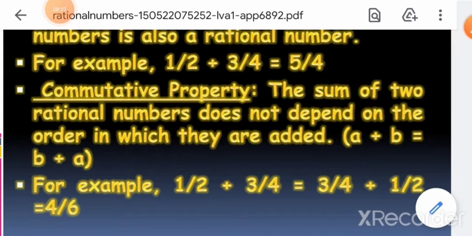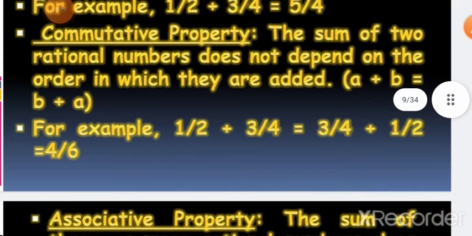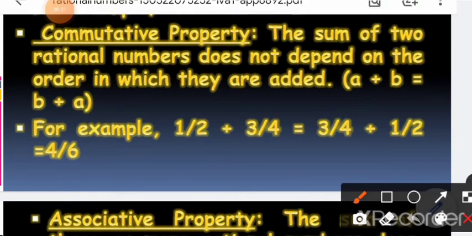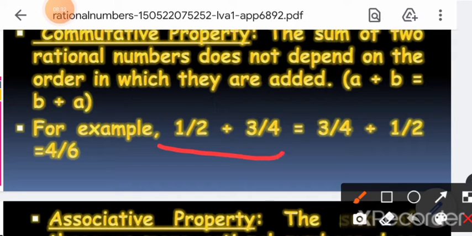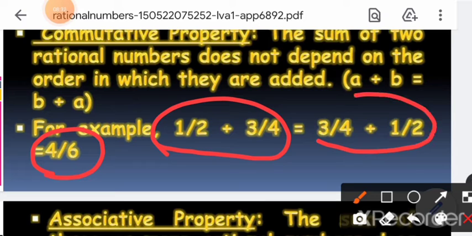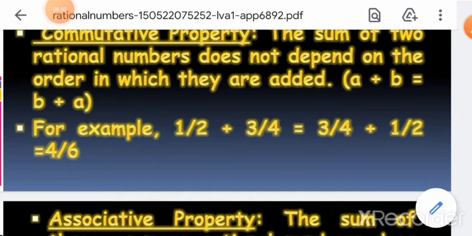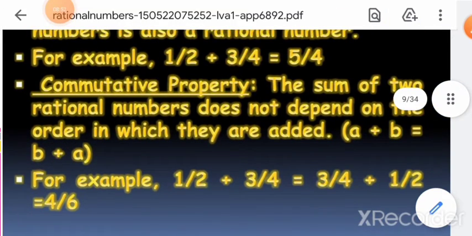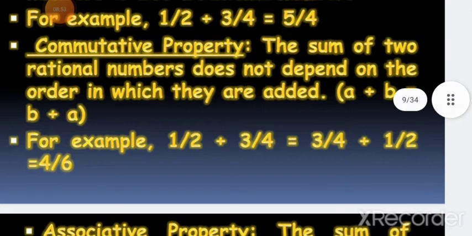Example: 1 by 2 plus 3 by 4, and 3 by 4 plus 1 by 2, give the same result. It means you can change the order with no effect on the result, so the commutative property is fulfilled for addition.